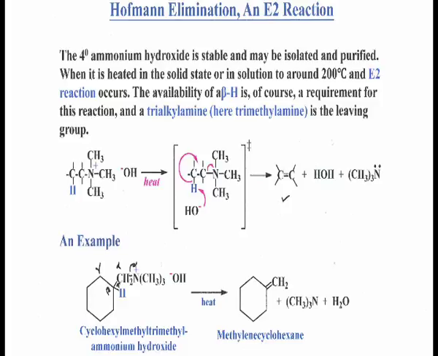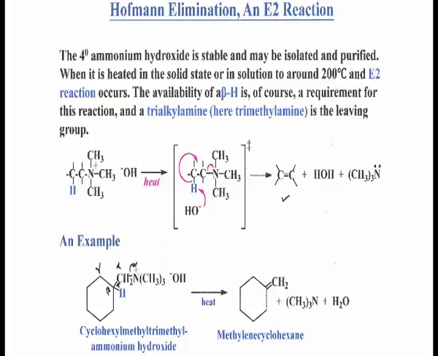When it is heated, a mild base or a little bit of water picks up this proton, that is the beta hydrogen, and the electron pair forming the bond between carbon and hydrogen shifts towards the next carbon. As a result, the nitrogen which was positively charged is thrown out of the system. So what do you get?